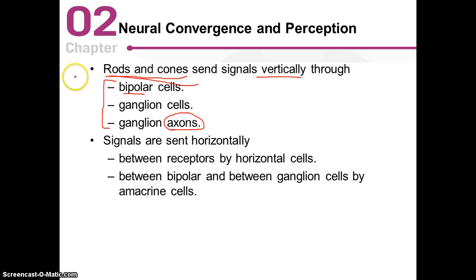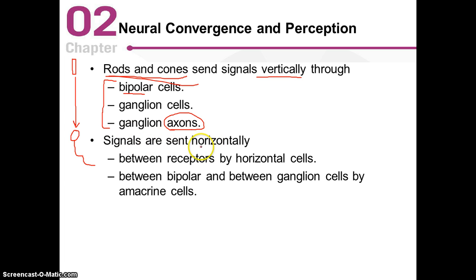But signals are not only sent vertically, right? By vertical we mean straight down from the rod or the cone. If this is a rod, talking about its signals being sent vertically down to, if this is a ganglion cell, that would go out the back of the eye, forming part of the optic nerve that heads up to the brain.